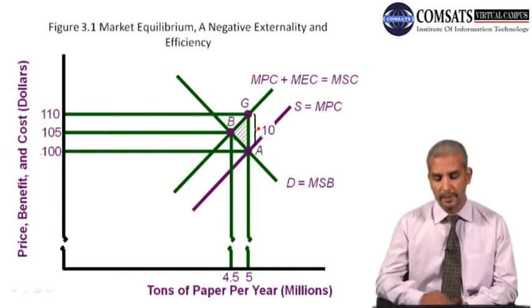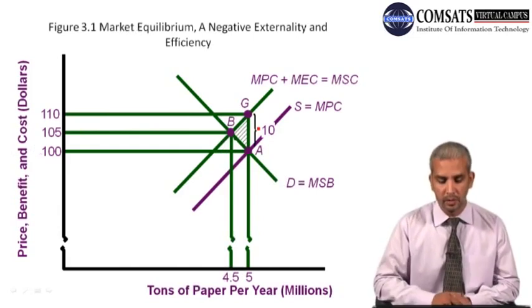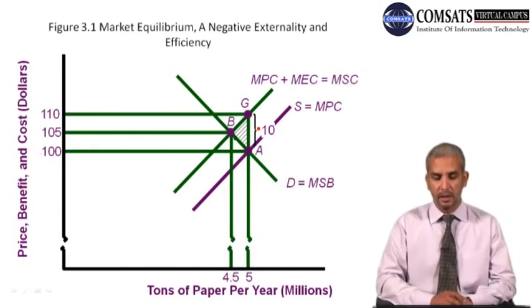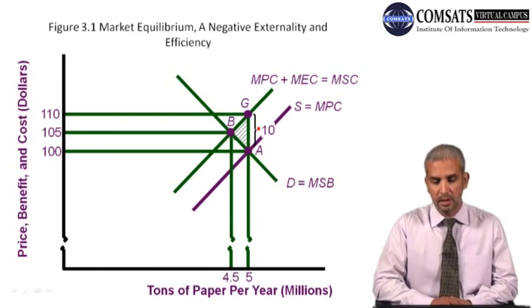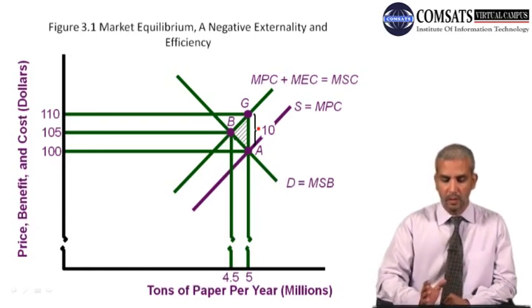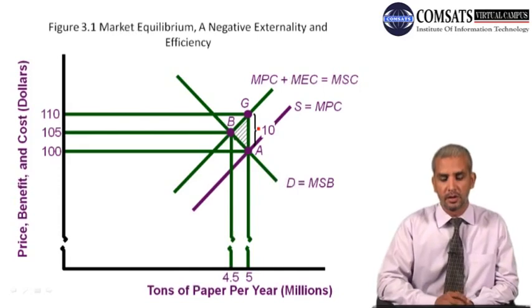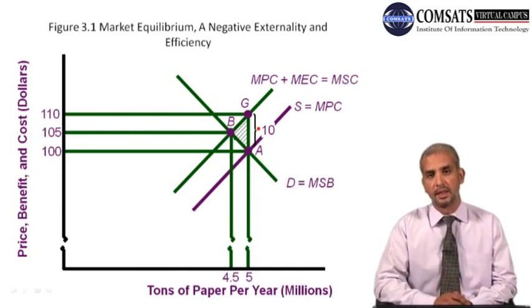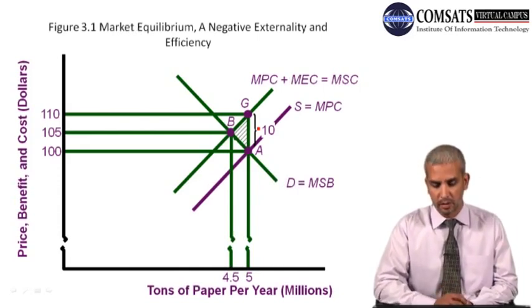Now the graph clearly shows that the $10 was a negative externality, and this gap between G and A can be reduced if the output is reduced. Unless the output is reduced, this negative externality does exist, because marginal social cost is greater than marginal social benefit.